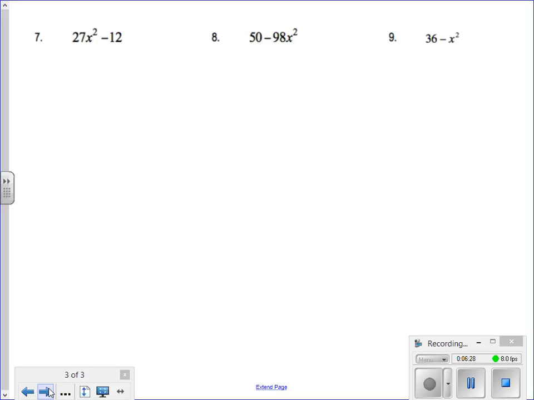So I have to think about what is the rule for when you factor something. Well, the rule we talked about in the first lesson is you always look for a GCF first. So when I look at 27 and 12, they actually both have a GCF of 3. I'm going to divide 3 out of both of them.